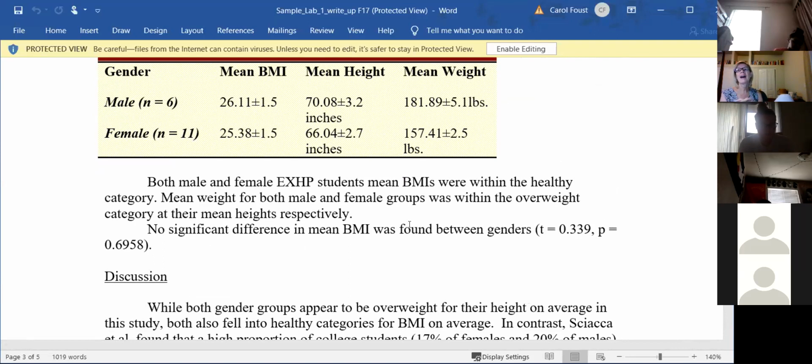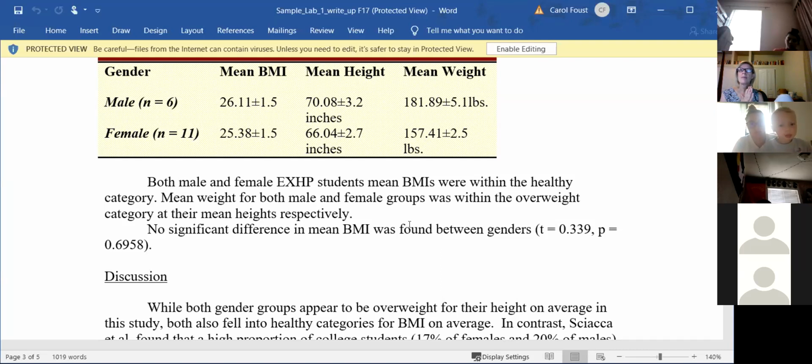We've got to see that, or you're not going to get all the points in the results section, and you will not get points in the conclusion either, because you can't make any conclusions unless you run an inferential test. You just can't make any conclusions. So you've got to run an inferential test.